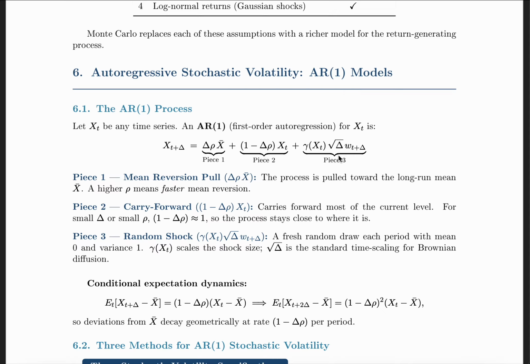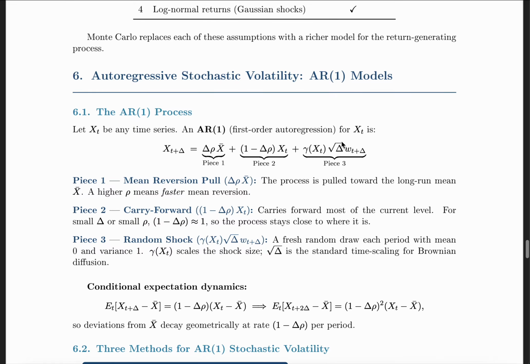And then piece 3, this is where the random component is. So remember in the last lecture, we talked about the fact that the variance typically scales with delta, so the standard deviation typically scales with the square root of delta. If you look at the term in the front, excluding this omega term, this term represents the standard deviation, where this specific term represents the size of the shock.